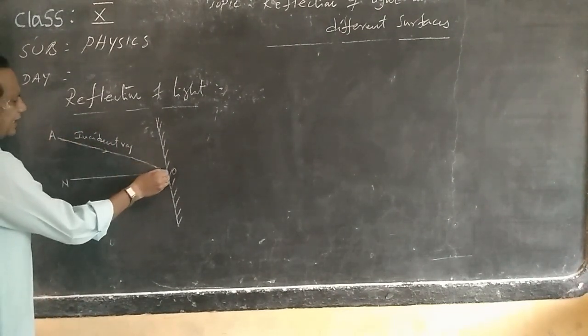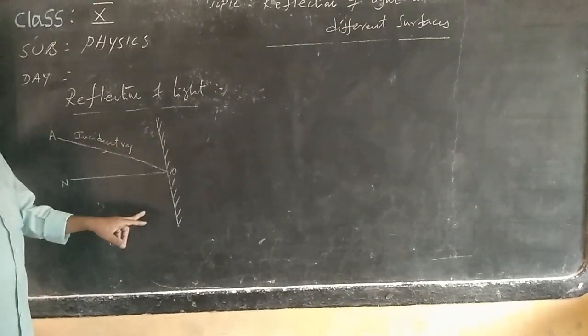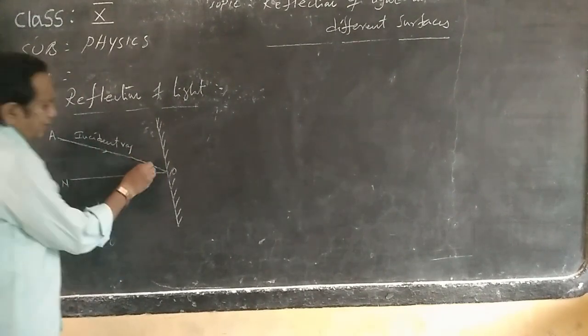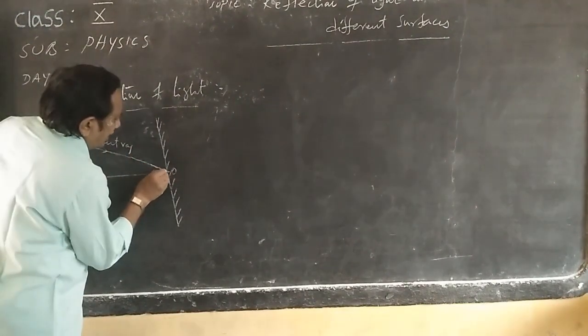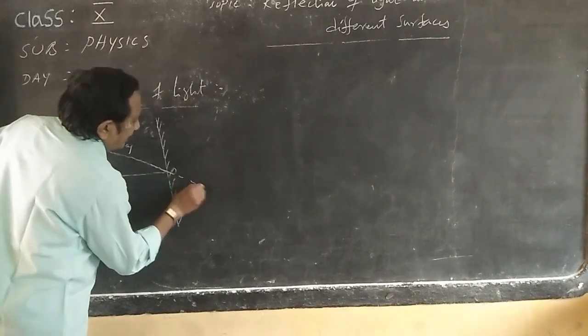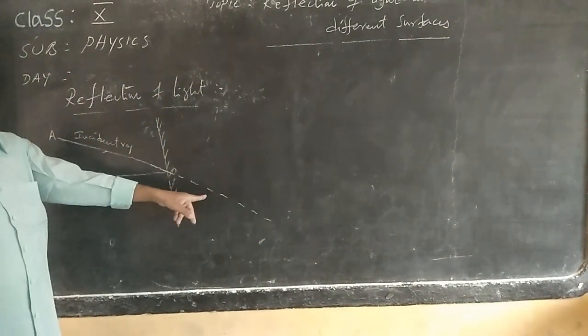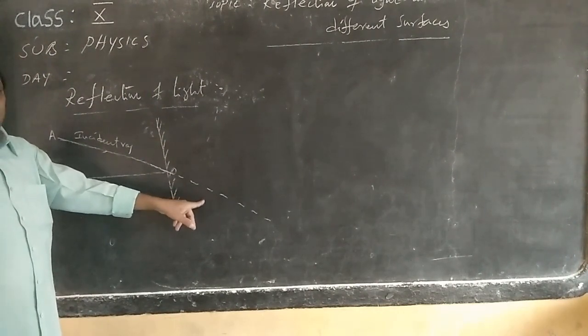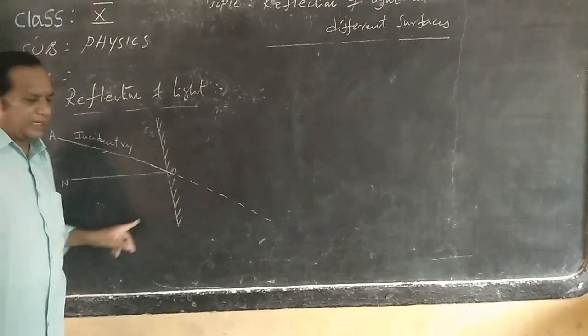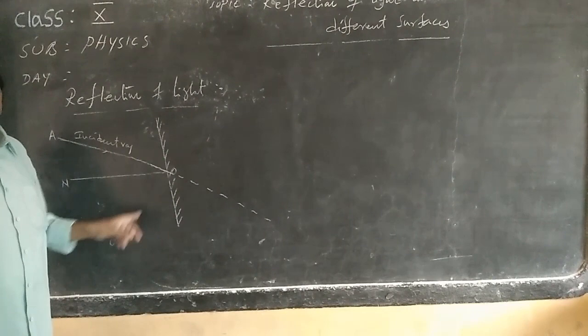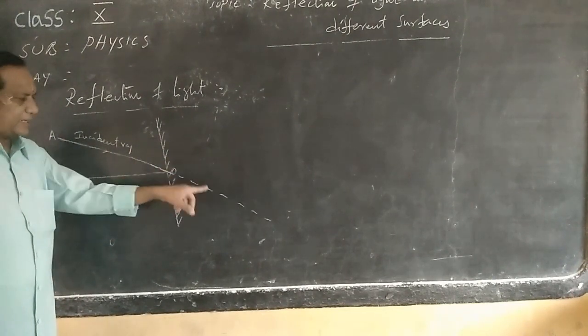AO, remember, is an incident ray. If this opaque nature were not there, what happens? Light travels in a straight line, no? So it will propagate straight like this. The dotted line indicates that it is imaginary. Remember that for light, we indicate imaginary lines with dotted lines. That's not real.